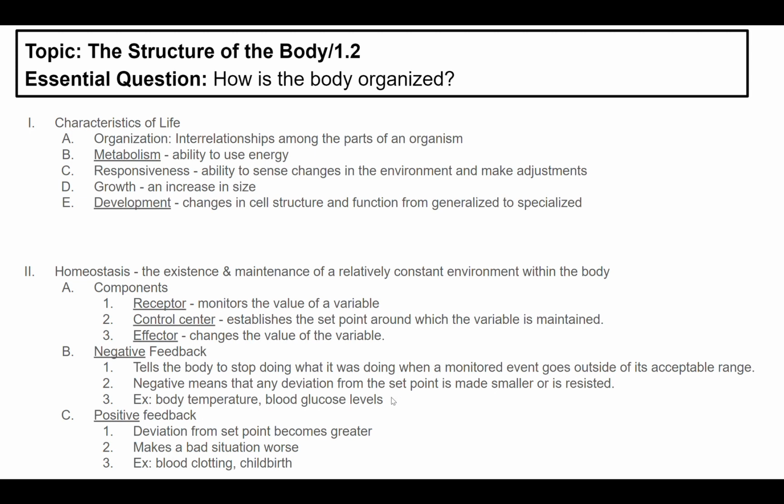And so negative means whenever there's a deviation from the set point, if it's too high or too low, then that deviation needs to be made smaller. That's why it's called negative, because you're going backwards from where it is now. You've got to go back to the set point, so it's negative. Body temperature is an example too, and then we mentioned blood glucose and also your blood pH.